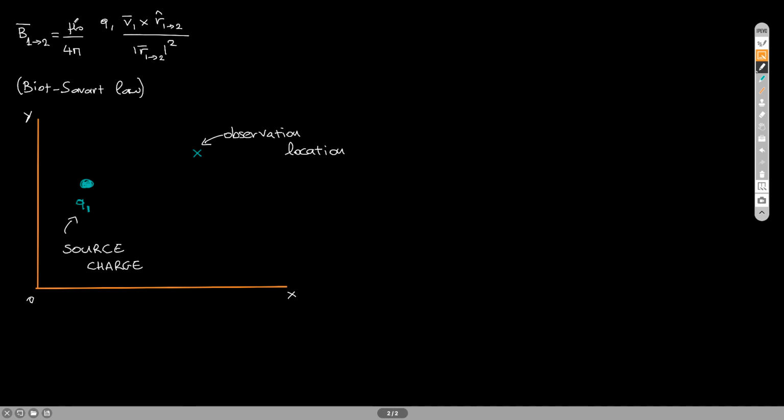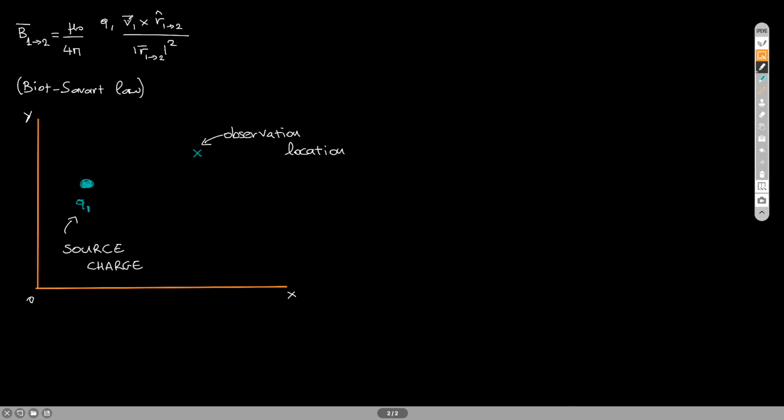Now, mu naught over 4 pi, this is a constant. Q1 is the source charge, and this is important to remember. The Q that you have in the Biot-Savart law for a single moving charge is the charge that is creating the magnetic field. Now, there is a V1 vector here.